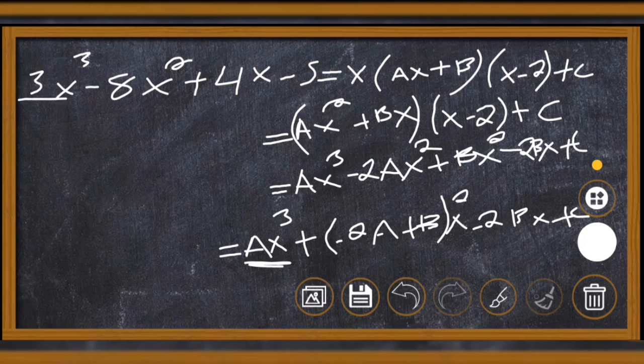And on this side, we have the one with a. So you have to pair them in terms of the same powers of x. Since this one has x power 3 and this one has x power 3, we are going to compare them. Since this one has x power 2 and this one has x power 2, we are going to pair them. Since 4x has x and negative 2b has x, we are going to pair them. Since c here is constant and the negative 5 here is constant, we are going to pair them. That's how we pair these terms.